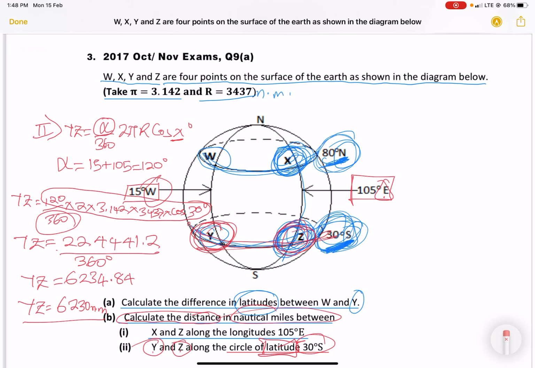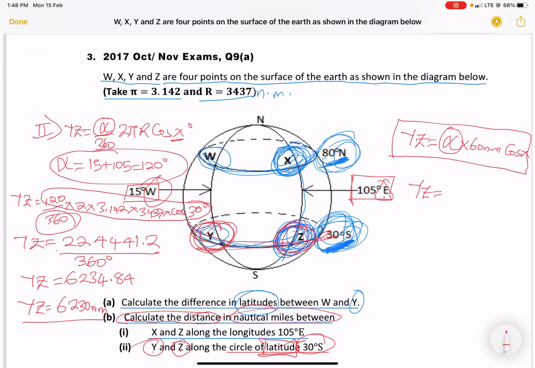So we can say YZ is equal to alpha times 60 nautical miles times cos x. That's the shortcut you can use when you're finding distance along the latitude. So YZ is equal to, what is alpha?